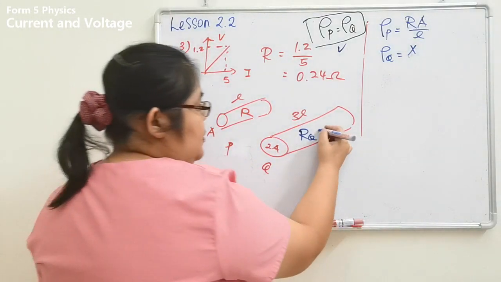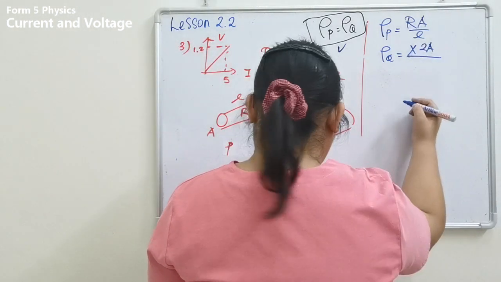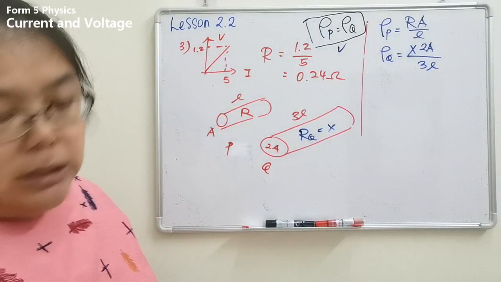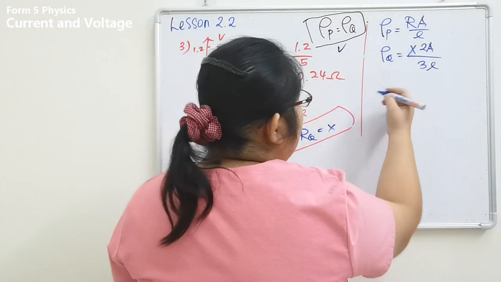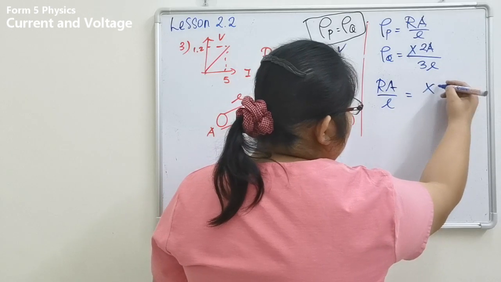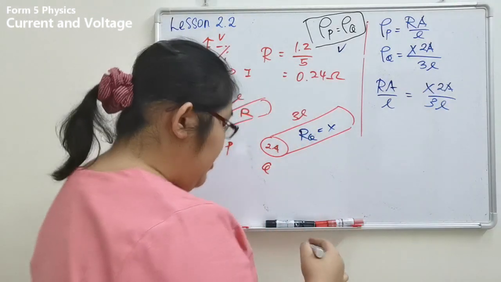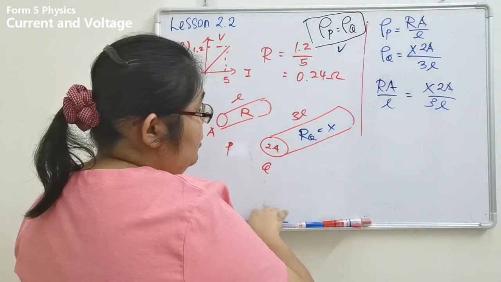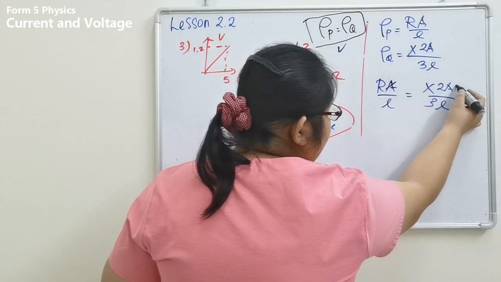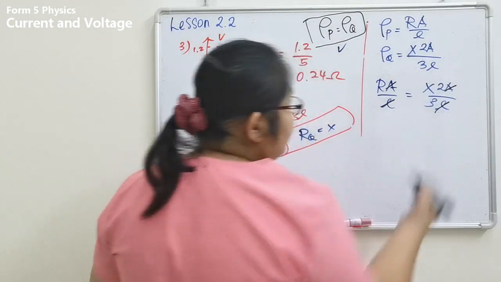RQ equals X. Now you've got how many A? 2A. After that you've got 3L. This is the resistivity for Q. So these two should be equal. So R times A over L equals X times 2A over 3L. Now you find that this A and this A we can cancel, then this L and this L we can cancel.